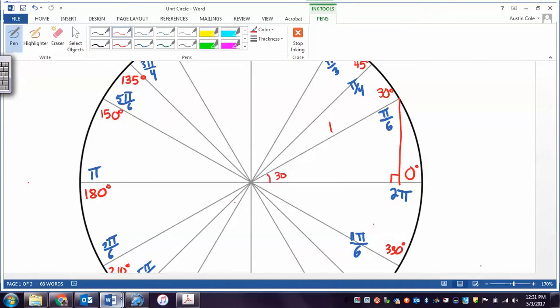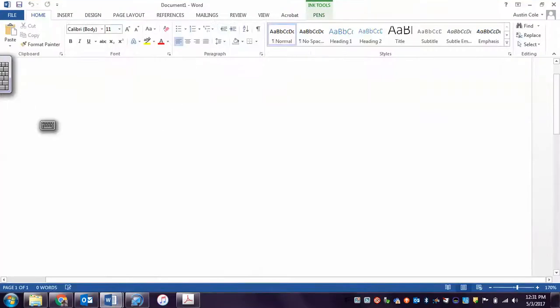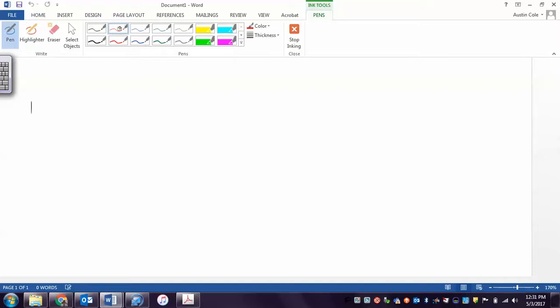So if I go over here, my other document that I opened up, and I draw that triangle, what's my radius? 1. What's this angle? 30 degrees. And that's 90.